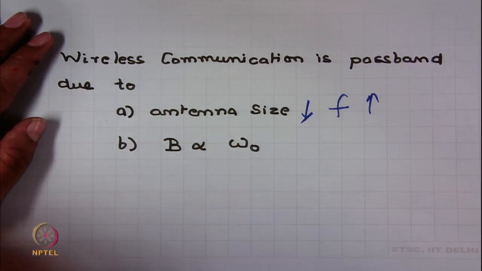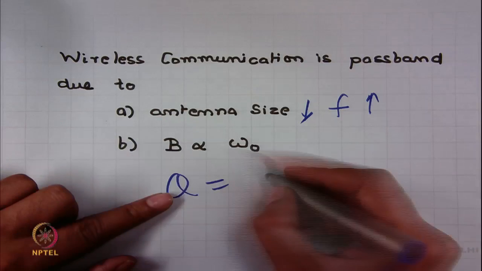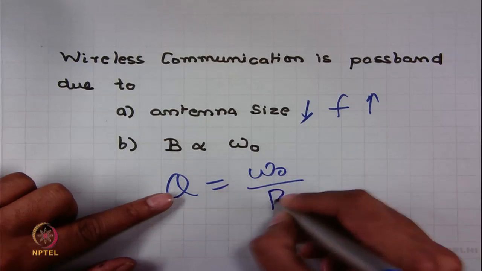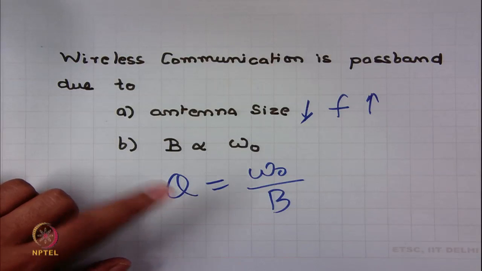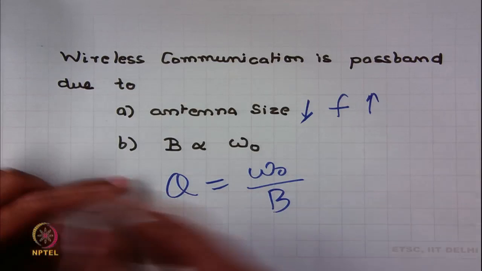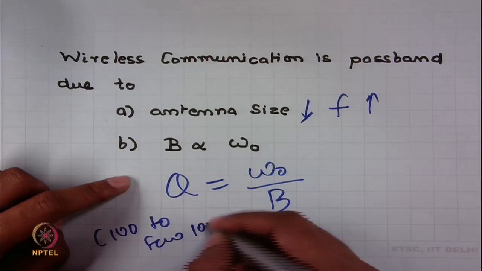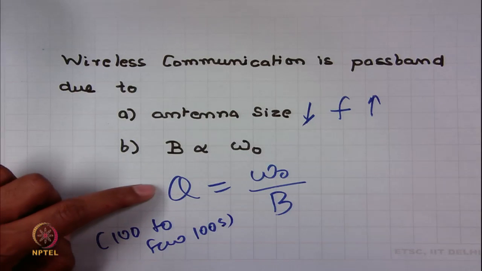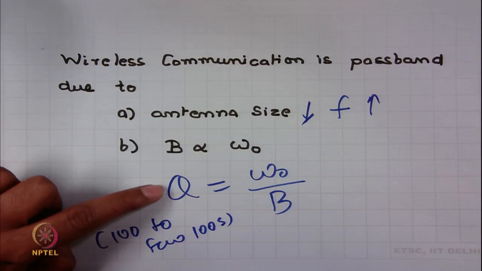Also, we know from electrical world that the quality factor of electrical circuits is given by this omega naught by B, and because this quality factor is rather a constant quantity, it lives between hundreds to few hundreds. So, we can approximately treat this as constant.